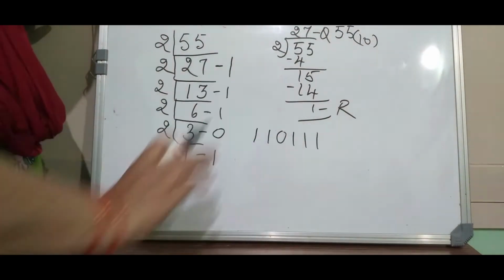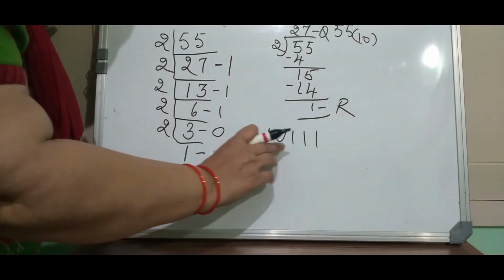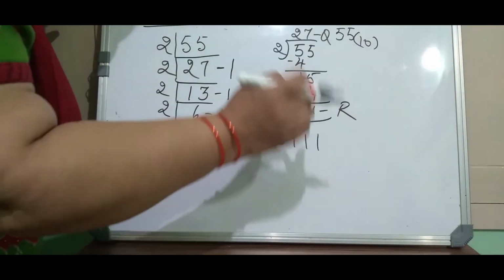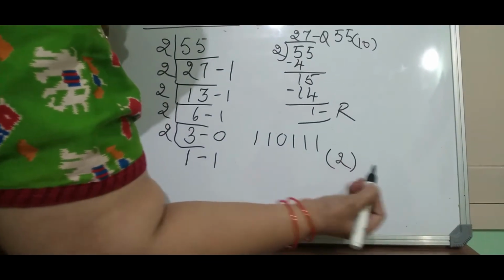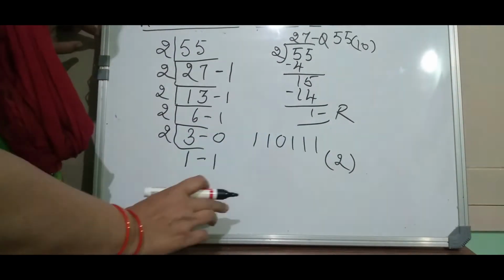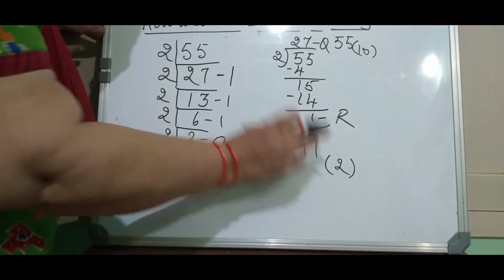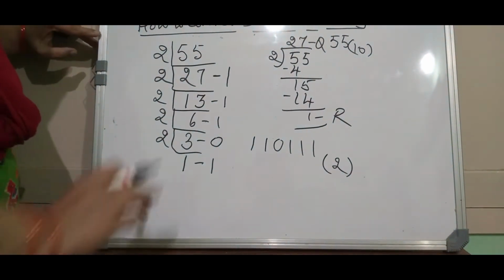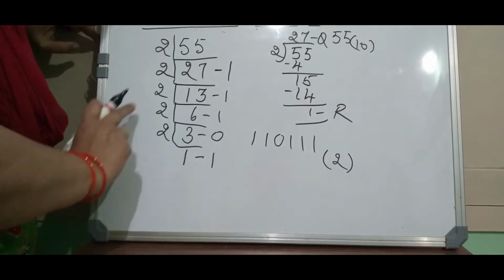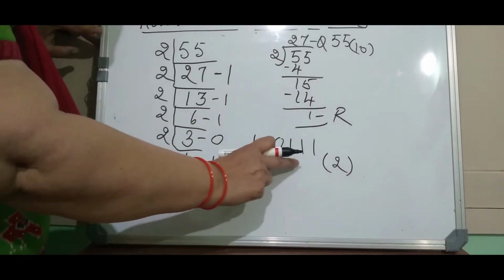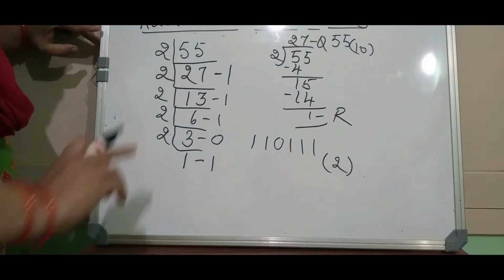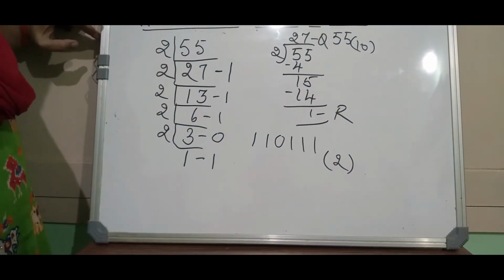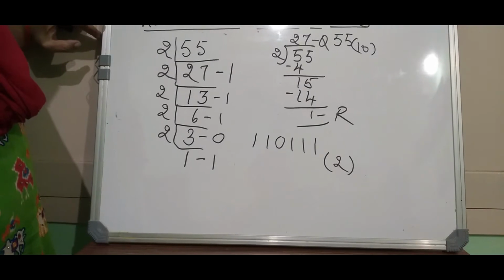You should not combine and read it. 1, 1, 0, 1, 1, 1 is the answer here, and we write it as base 2. Within the brackets we represent the particular base we are converting to. So the number 55 is nothing but 110111 in the base 2 system. This is how we convert the decimal system to the binary system.